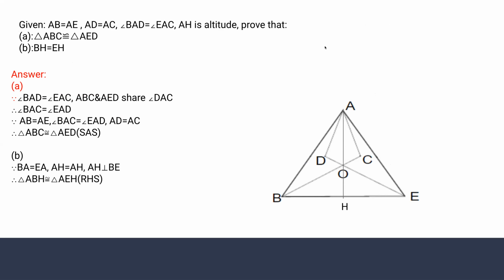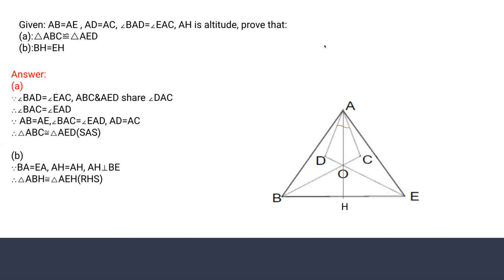Okay, so this is the answer for proving ABC and AED congruent. Because BAD and EAC are congruent, and they share the same angle, DAC, which is this angle, we know that BAC is equal to EAD.